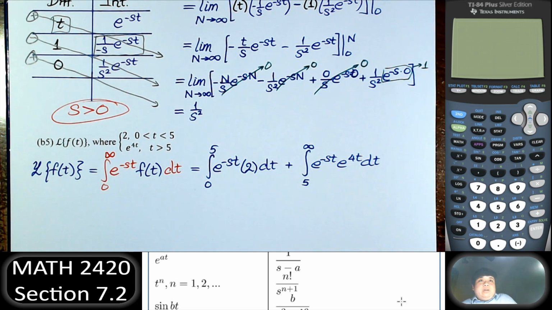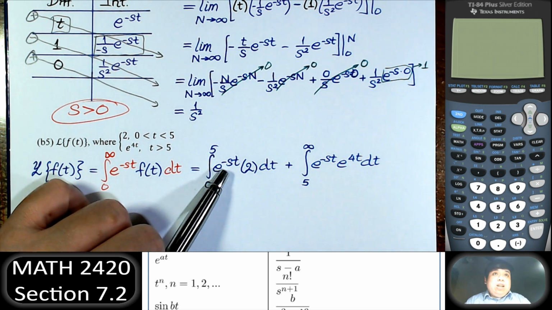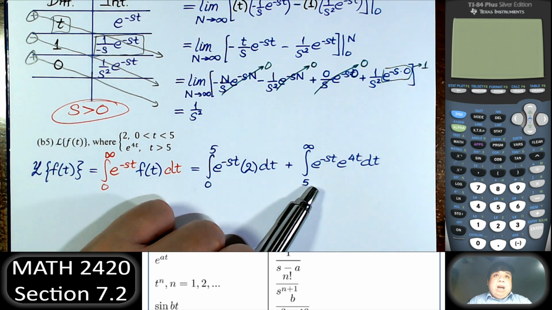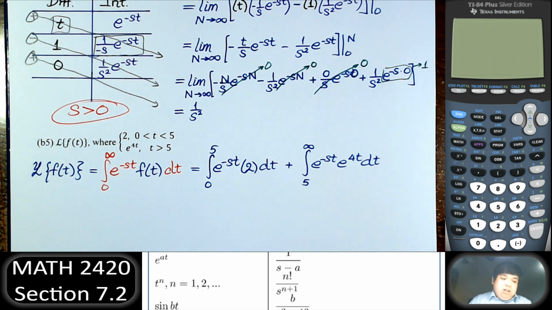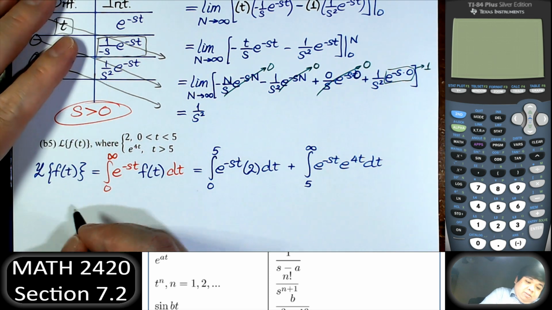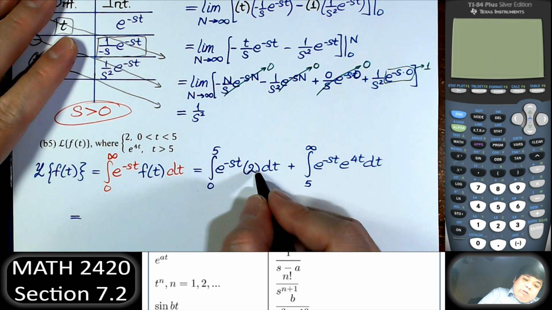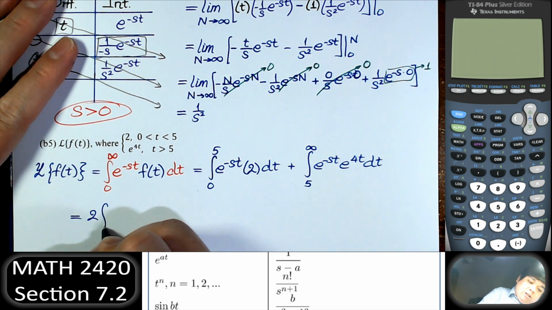So we have two integrals. This one is easy, we can just do this by hand. This one we have to use an improper integral because of the infinite limit. So first I'll take the 2 outside.